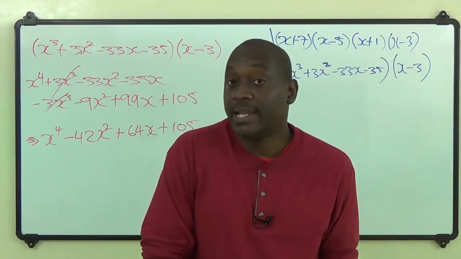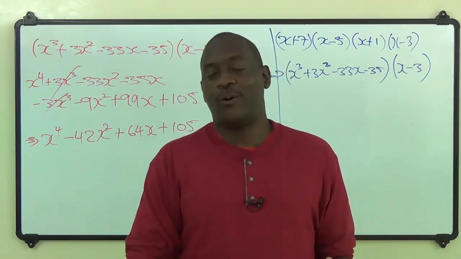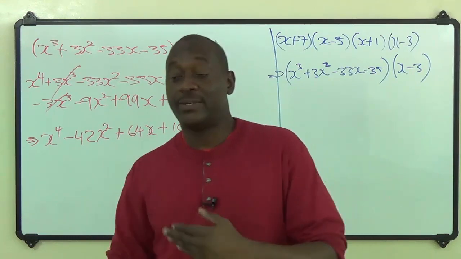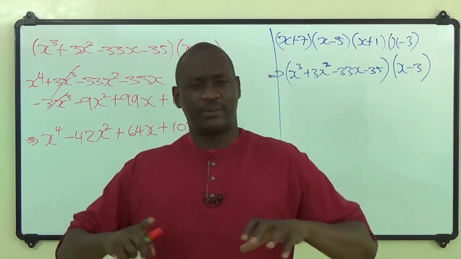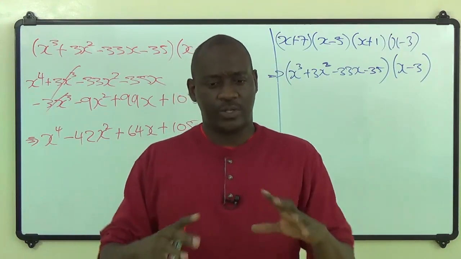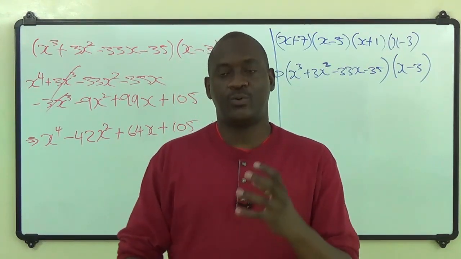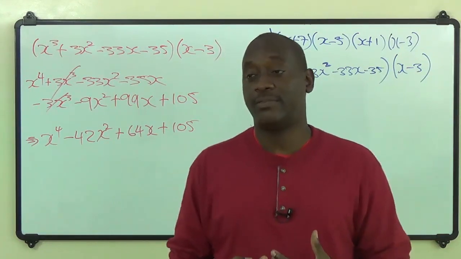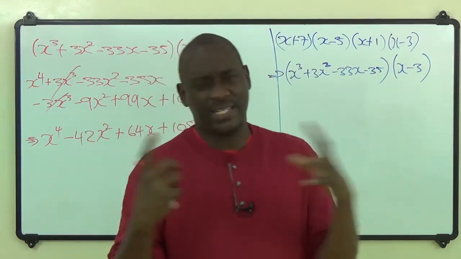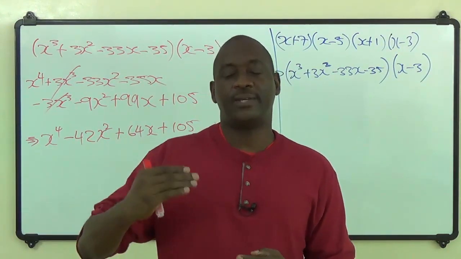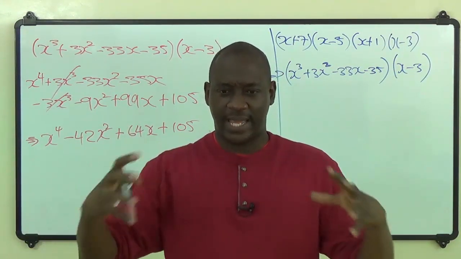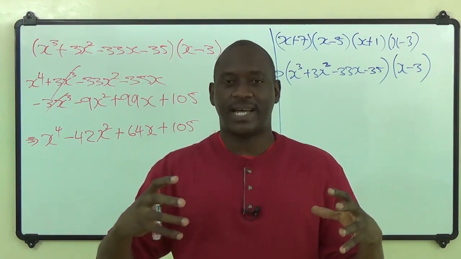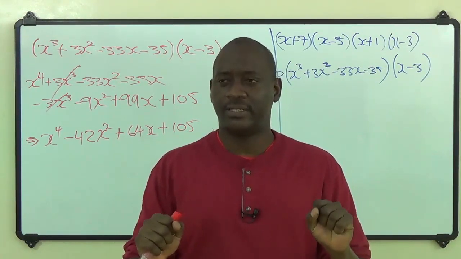There could be a remainder, or you can have a situation where the remainder is 0, in which case you're talking about a factor. So we'll talk about the division, we'll spend some time doing the long division, because we have to spend some time on that. And from that we'll move straight into the remainder and the factor theorem. That is where most people start to encounter some level of difficulty. Right?